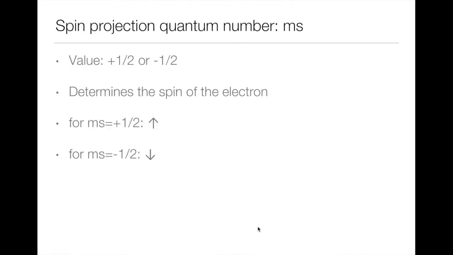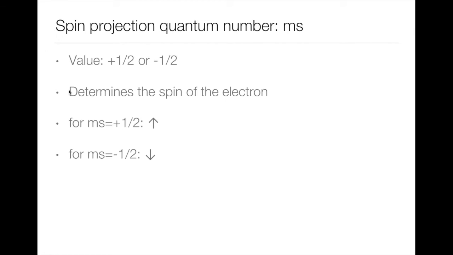And last, we've got the spin projection quantum number. The spin, if you know it from physics, is like a speed that shows us in which direction a particle revolves around something.